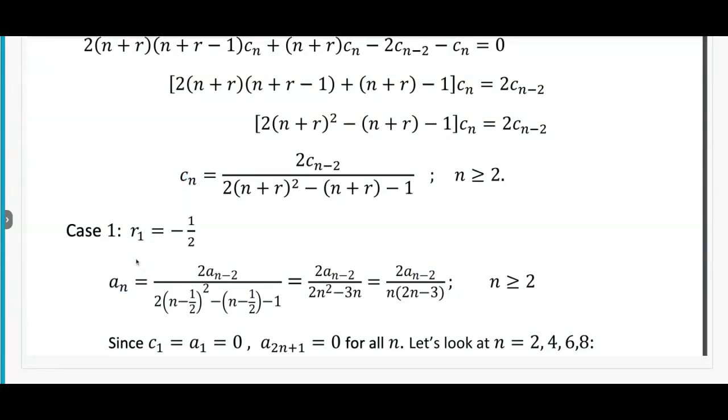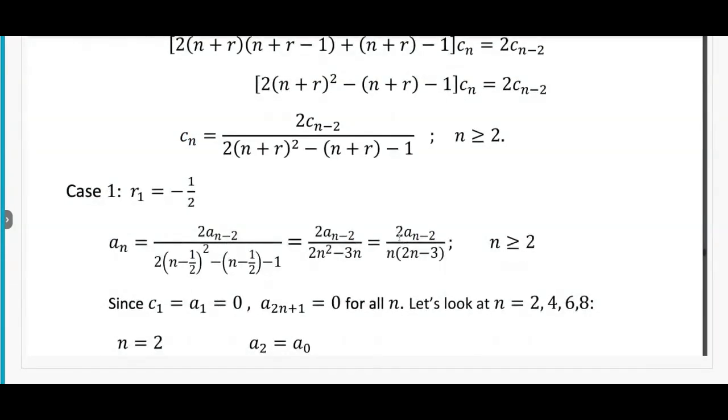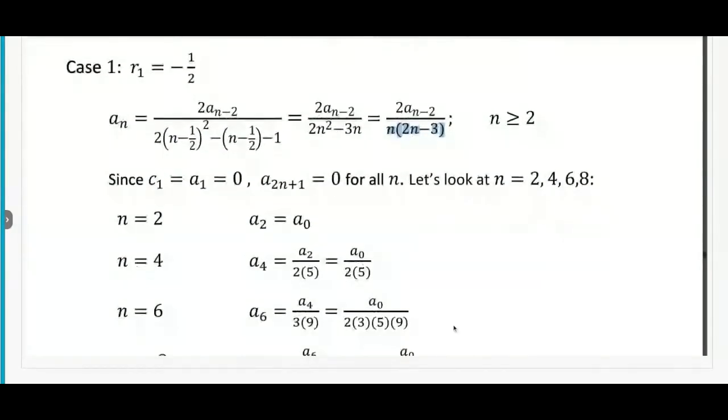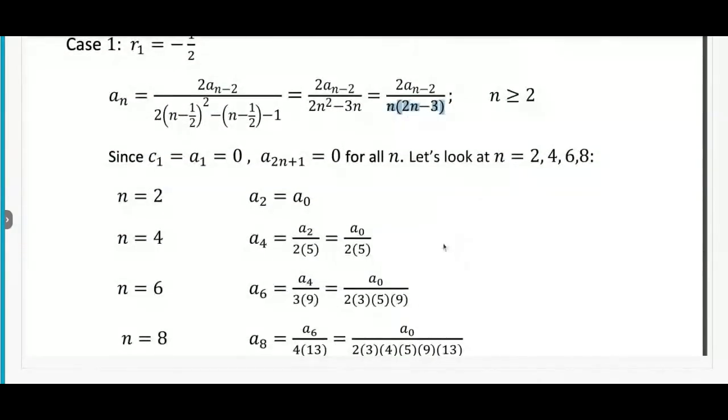So the nth term and the n minus 2 term have this scalar relation, 2 over n times 2n minus 3. So for the odd terms, we can do some calculation. We see the odd term equals 0 for all n. So what about the even terms?